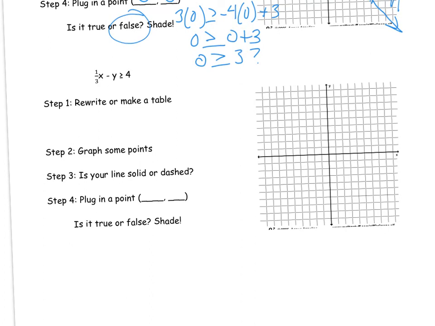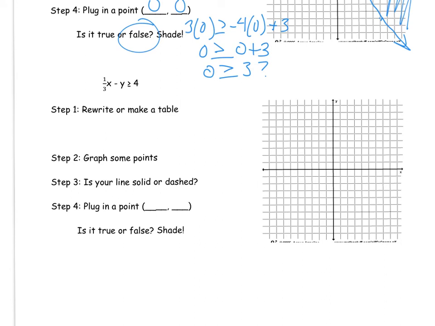Okay, again, try this out and pay attention to negative signs, and then let's take a look. Let's do orange. All right. So you can rewrite or make a table. I'm going to draw my line. First, I'm going to subtract 1/3 x.